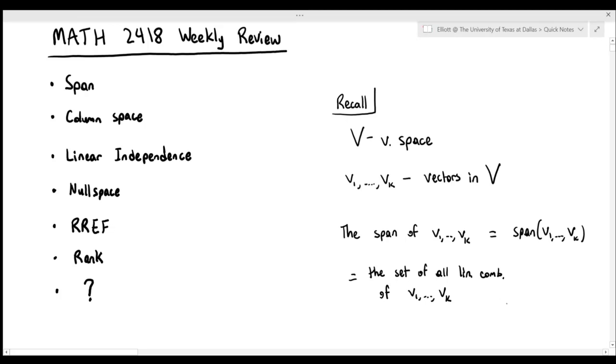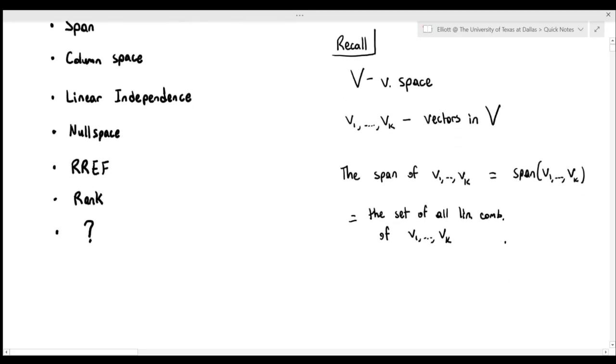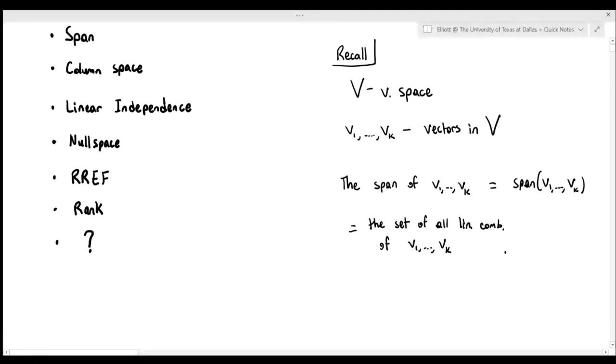And something that I briefly mentioned last time is that given any collection of vectors, the span will always be a subspace of the given vector space.